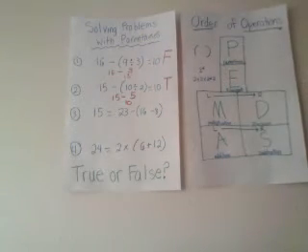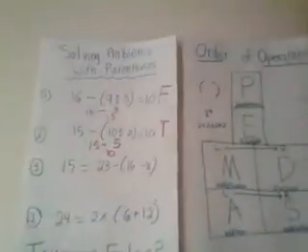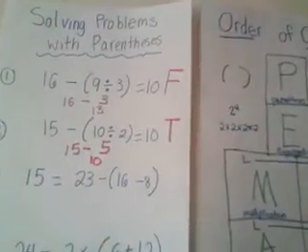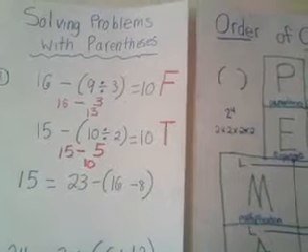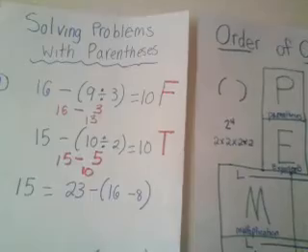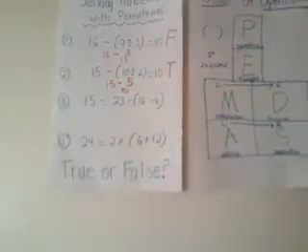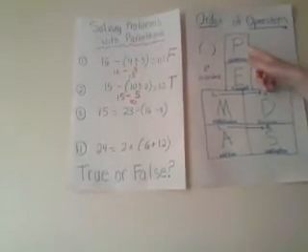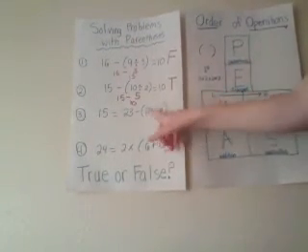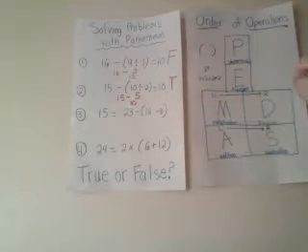This equation is true. Looking at number 3, I'm going to zoom in again so you can see that. It says 15 equals, so this time we have the equal sign on the other side. 2 equals 23 minus, in parentheses, 16 minus 8. So I'm going to start with our parentheses, just like my order of operations says. Okay, so we look at 16 minus 8. What is 16 minus 8?